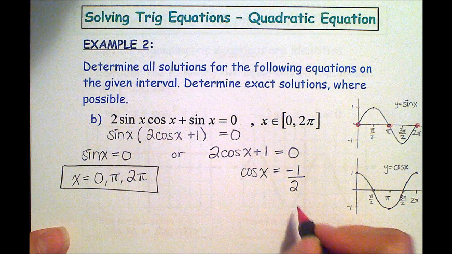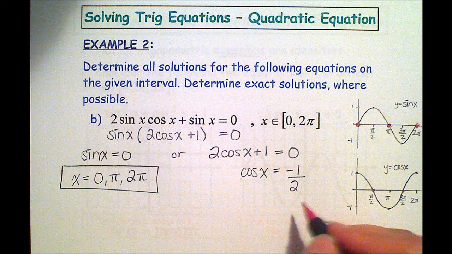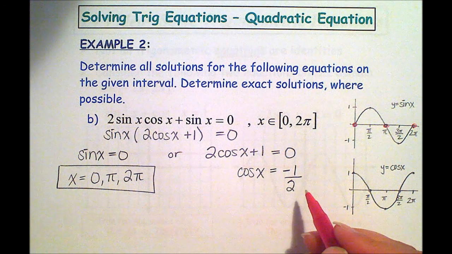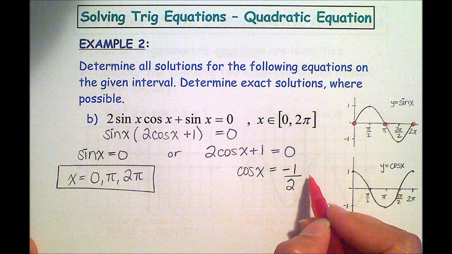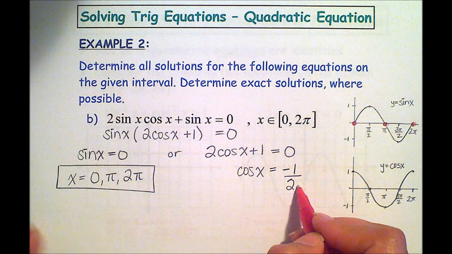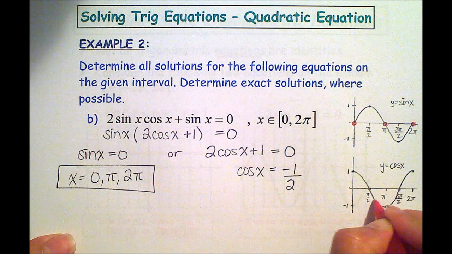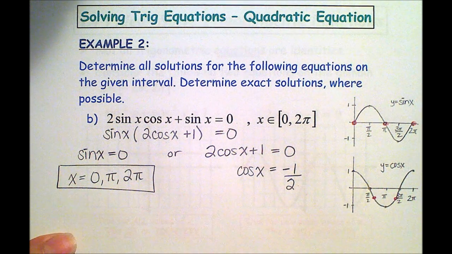Now for cos x equal to -1/2, this is going to be using one of our special angles. And I recognize that because it's not 1 or -1 or 0, so that makes it a little bit easier to recognize. There's definitely a special angle that'll give you an adjacent and hypotenuse side that's 1 and 2. And you can see on the graph that there's actually going to be 2 values. So if I look at -1/2, it's there and there. So there are going to be 2 values.